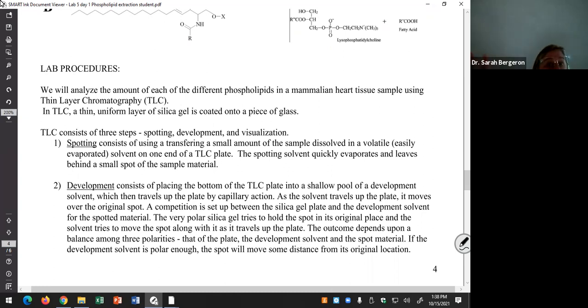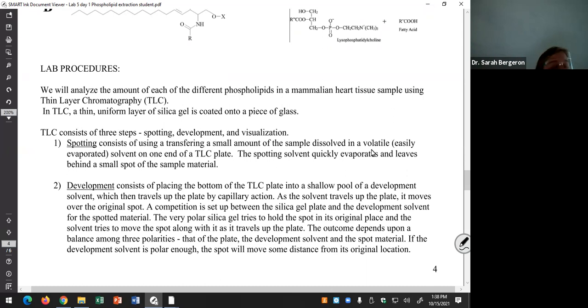I want to get rid of the proteins, right? Do we want proteins for this experiment? No. So we actually want to get rid of those proteins. So I'll show you how we do that, so that we can really just get the organic lipid portion of all of those cells.